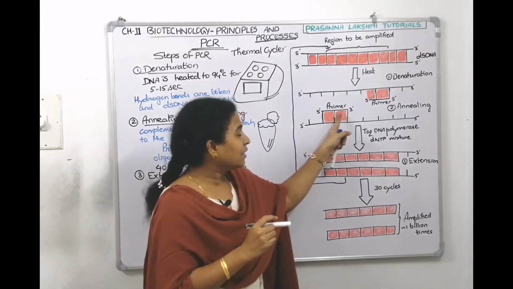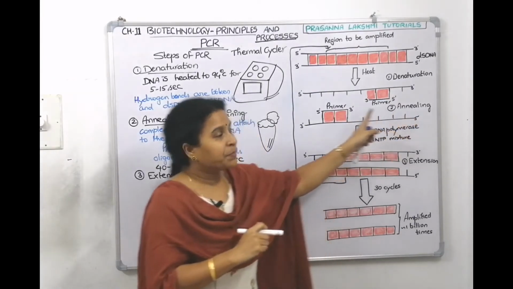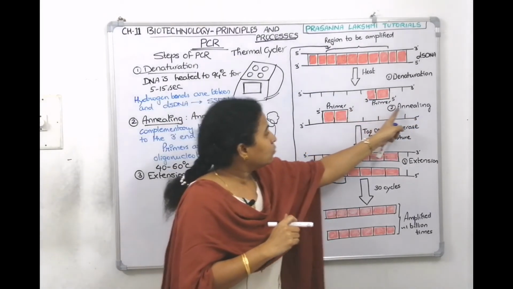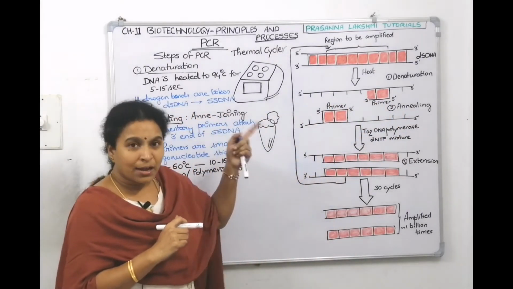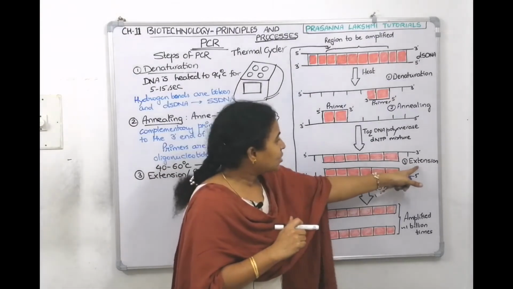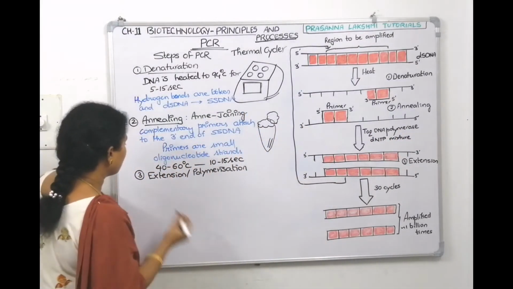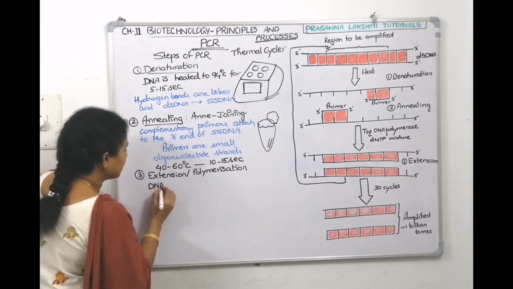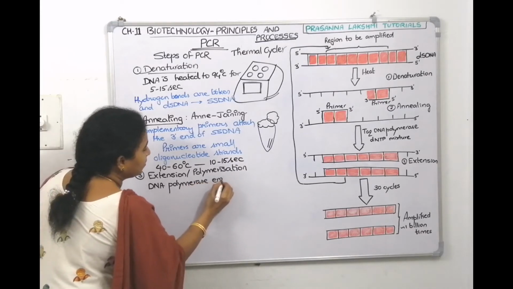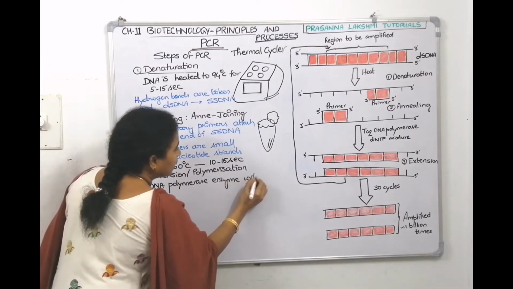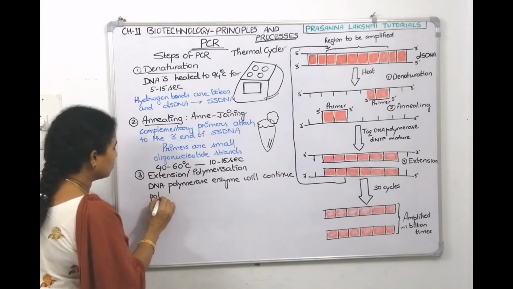Now the primer has started the process, and DNA polymerase enzyme can continue the process. It can synthesize the DNA this way and this way. So in the third step, extension, add an enzyme called DNA polymerase, which will continue polymerization.